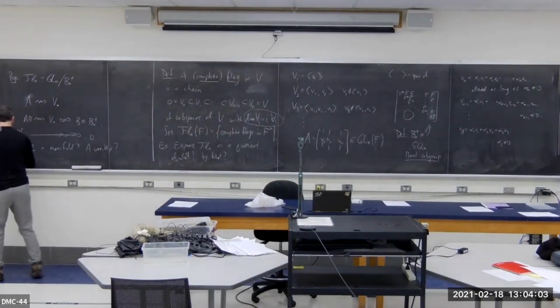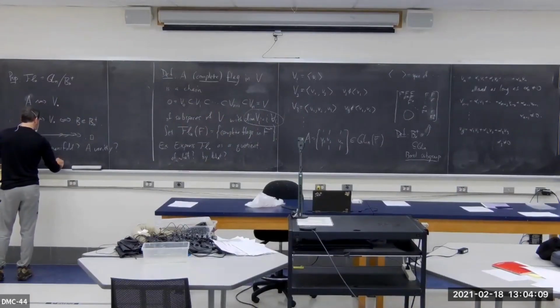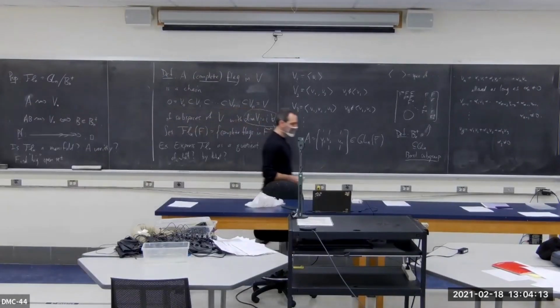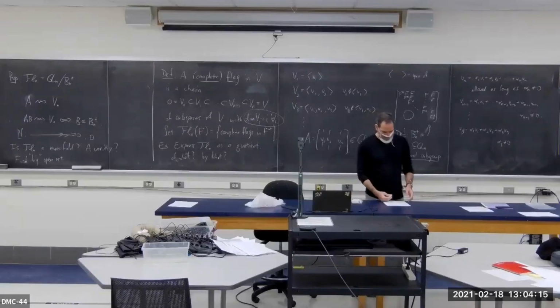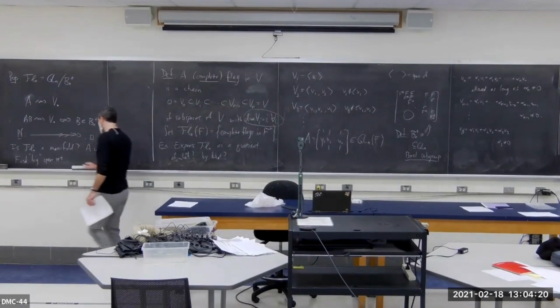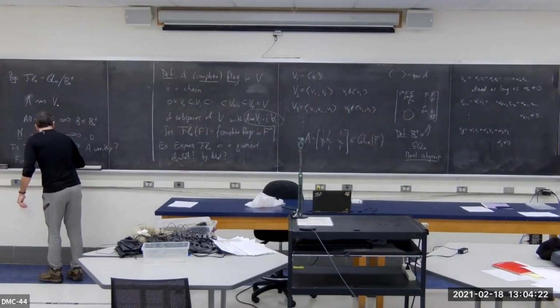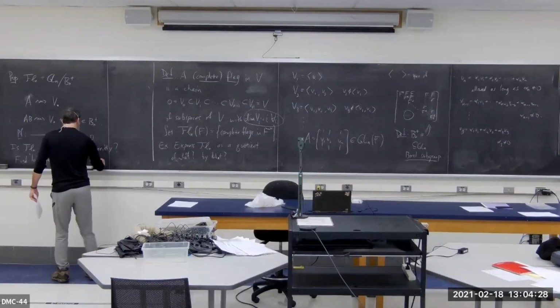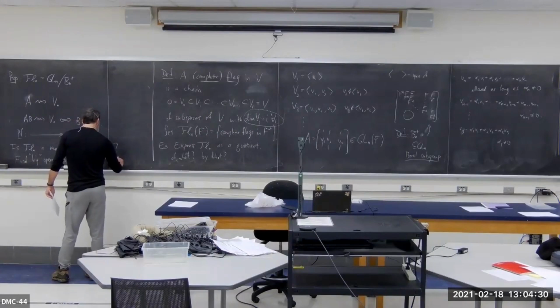We want to find a big open set. We want to find a big open set that is a subset of a vector space. A big open subset that is open in an affine space.